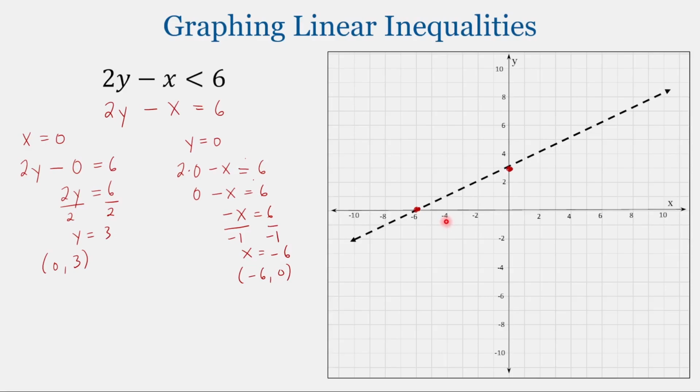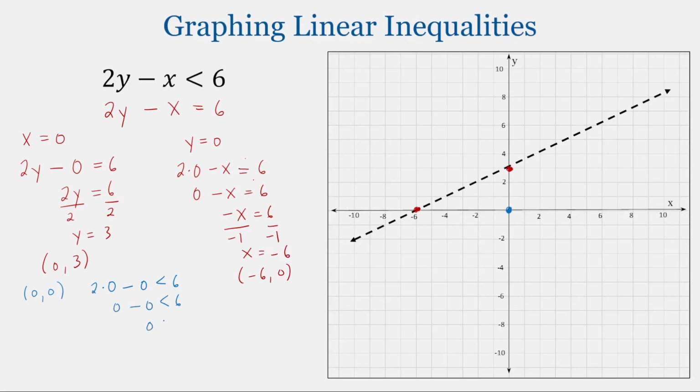Let's test some points. Again, I will start with the point 0, 0. So at 0, 0, we have 2 times y, so 2 times 0 minus x, so that's minus 0 is less than 6. We have 0 minus 0 less than 6.